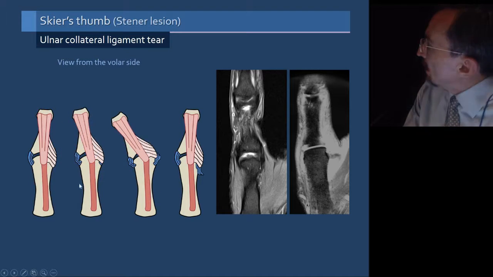In other words, when the collateral ligament is torn, it is this blue structure here. If the adductor aponeurosis is interposed in between this and the finger itself, there is no way this torn structure can go back to its location without surgery.